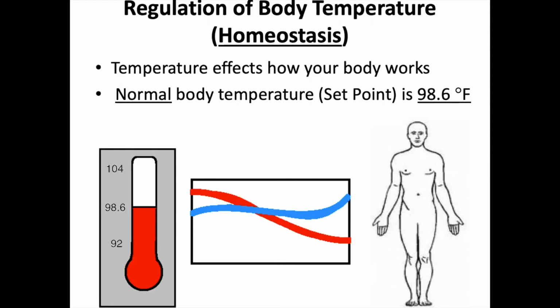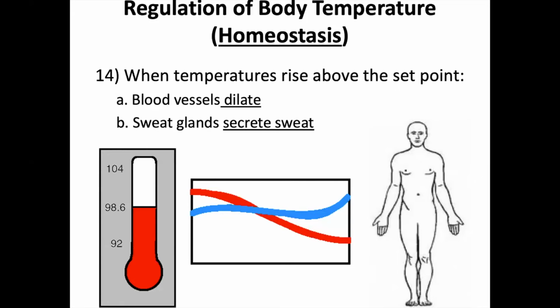Well, if you get too hot, that starts becoming a bad thing, and we want to get rid of it. So one thing it's going to do, if your body temperature goes above that set point, look over here at this thermometer, as your body temperature starts getting higher, your blood vessels over here are going to start dilating. Right? You see that happen? Your blood vessels actually went from a normal size to a much bigger size.